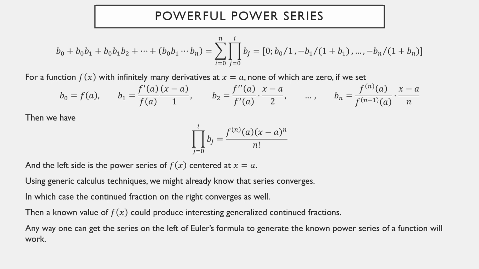In fact, any way you can get the series on the left to generate the known power series of a function will work. This general form here works as long as none of these are being divided by 0, but really any way you could finagle this to start looking like a power series or Taylor series for a function that you already know converges will give you interesting continued fractions on the right.